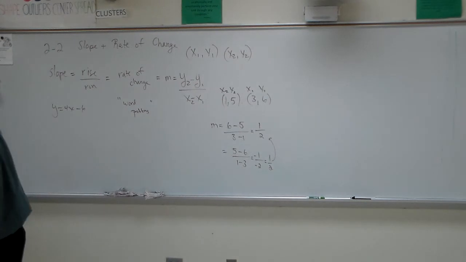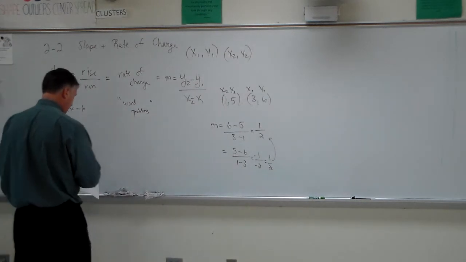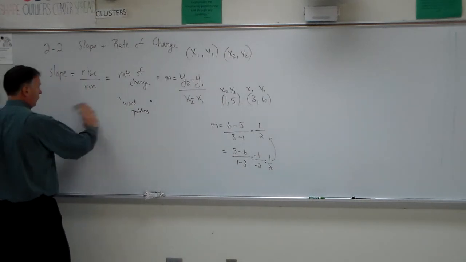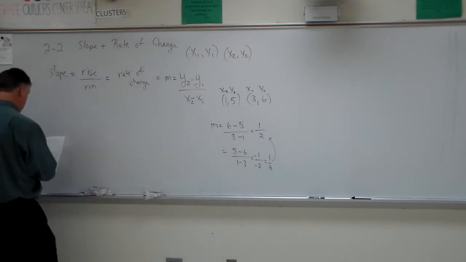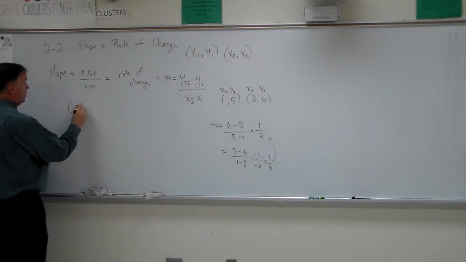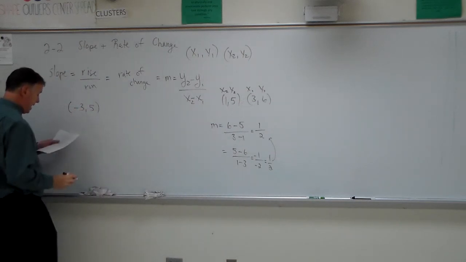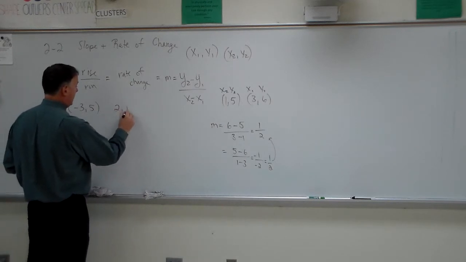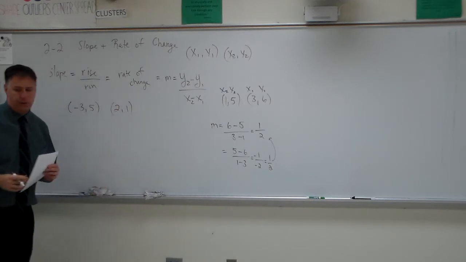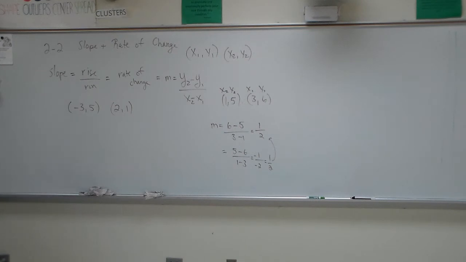So let me give you one to try. Negative 3, 5, and 2, 1. Okay, I want you to find the slope.